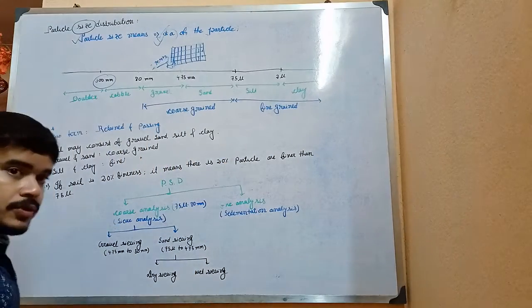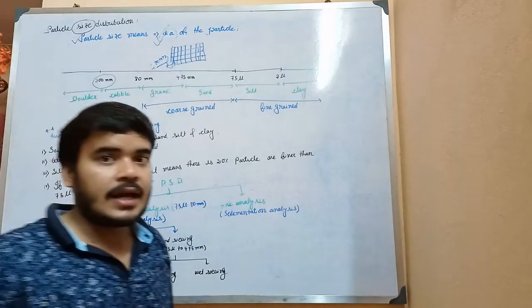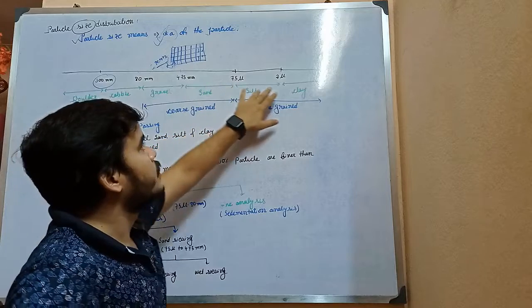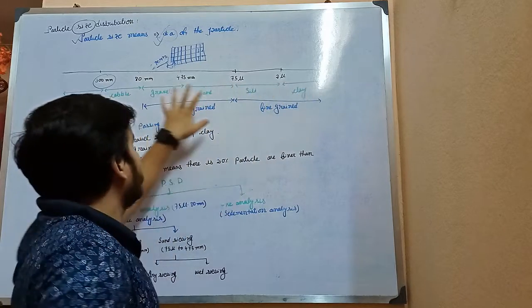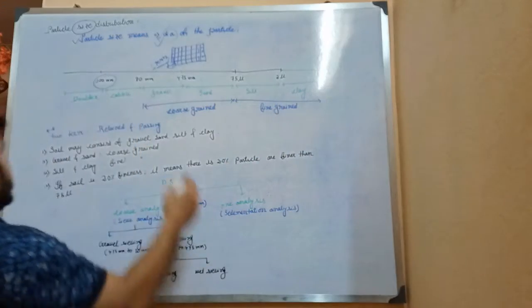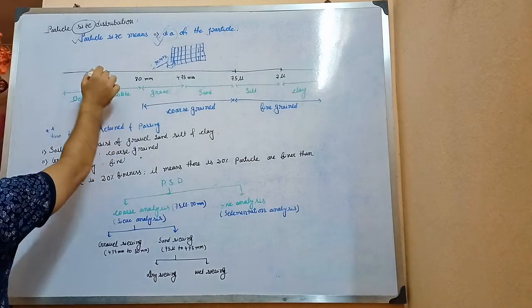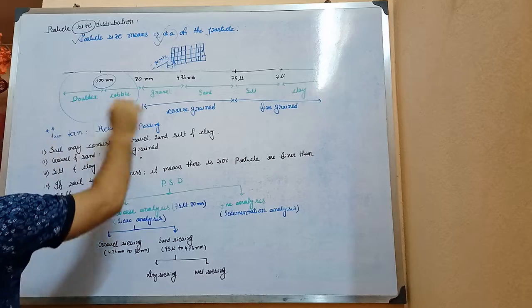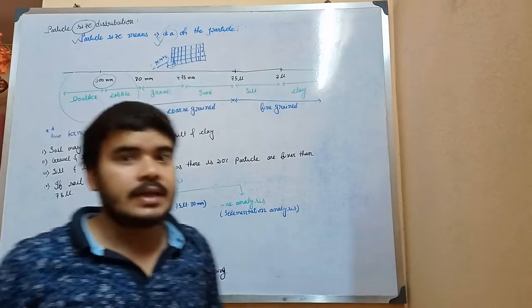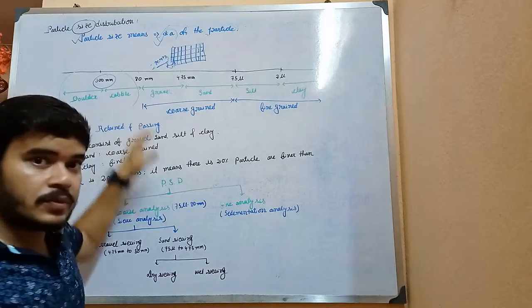So, in our soil mechanics, we generally have to deal with only these four types of particle: gravel, sand, silt, and clay. As we can't build any structure or any building on boulder and pebble, we have to break it down.